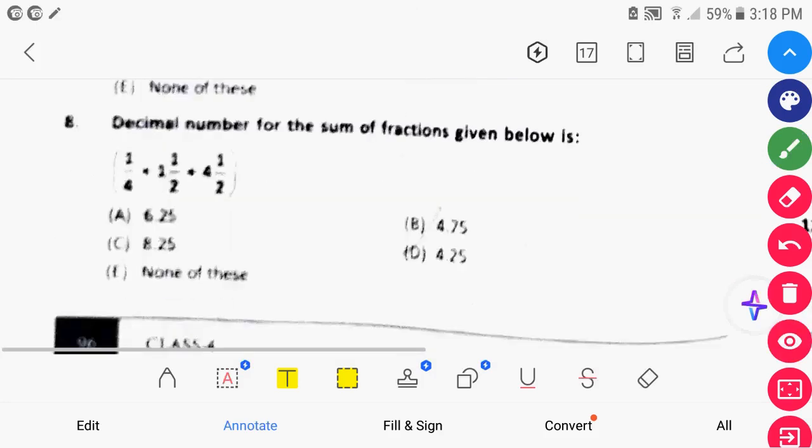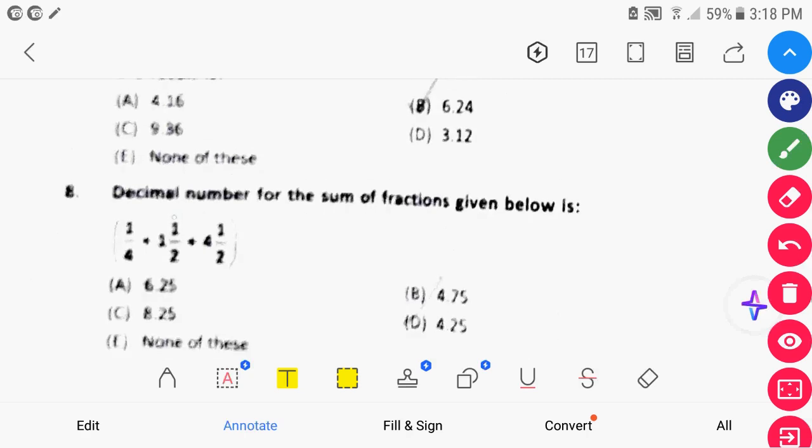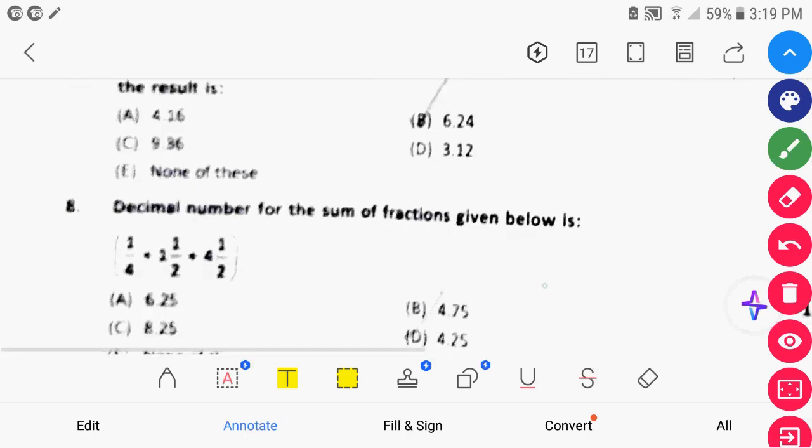So this is the way we solve the examples based on fractions. Now we have to find the decimal number for the sum of the fractions given below.